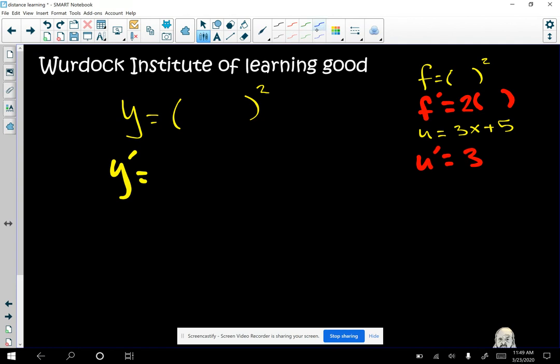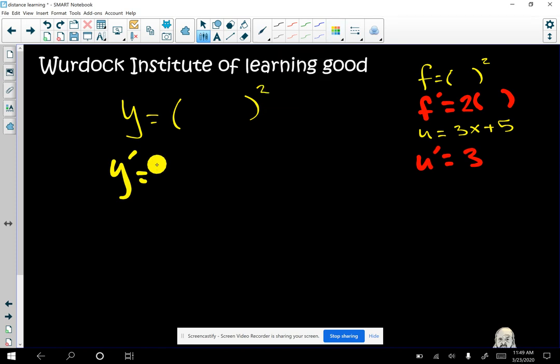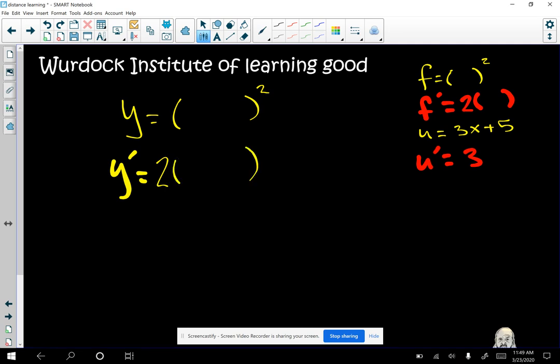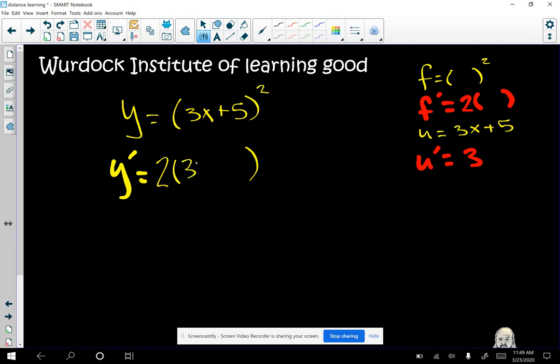The derivative of the outer function, which is something to the power of 2, would be 2 times something. That's just this derivative. Now you take the inner function and put it back inside, 3x plus 5. Then you multiply by the derivative of the inner function, which is just 3.